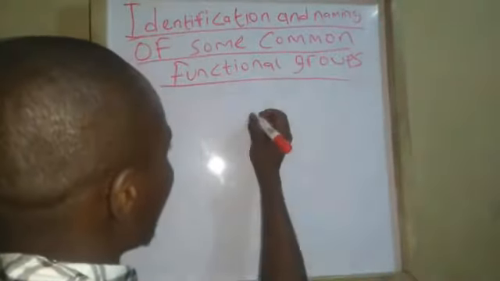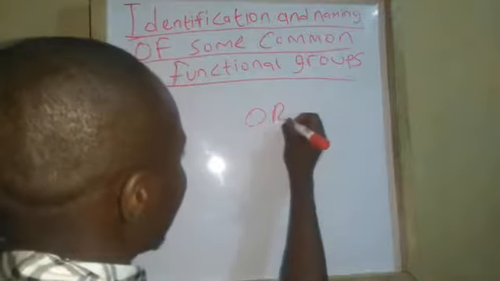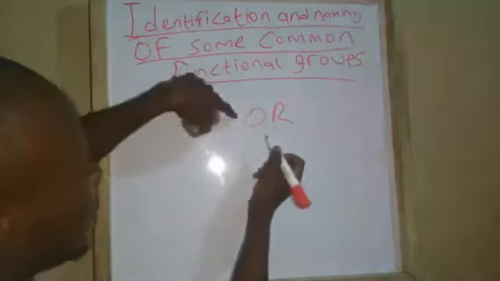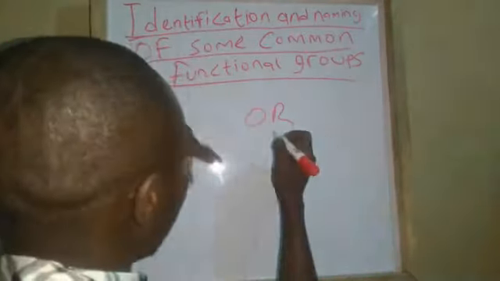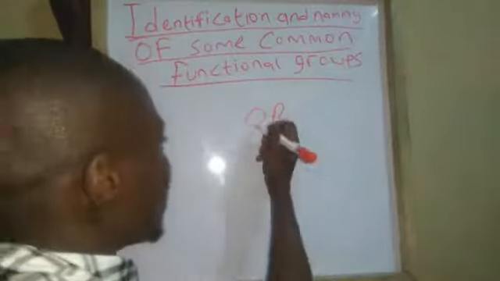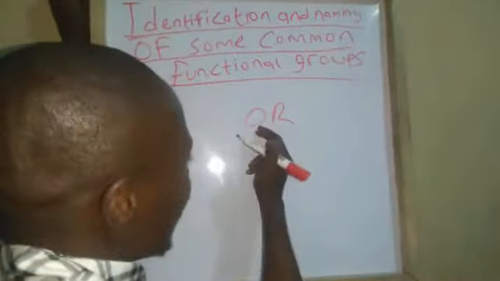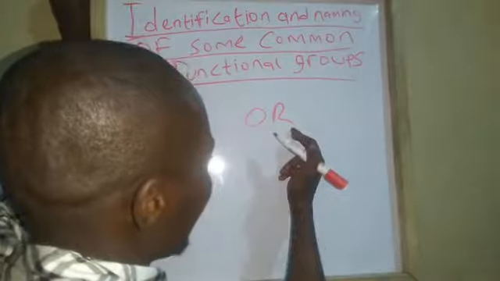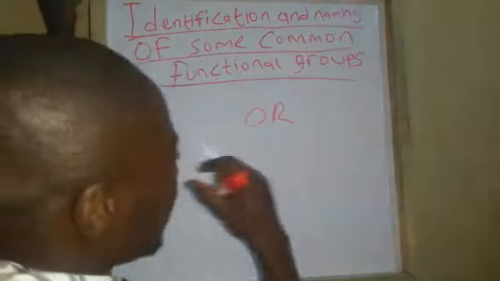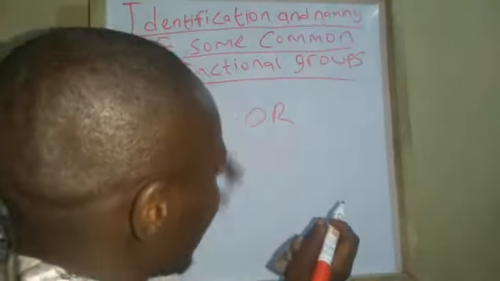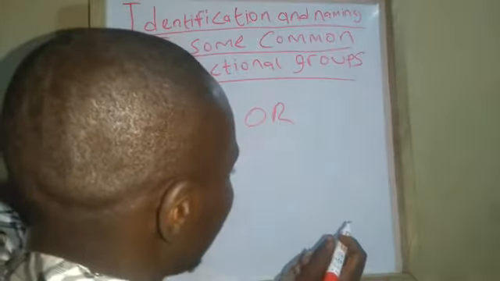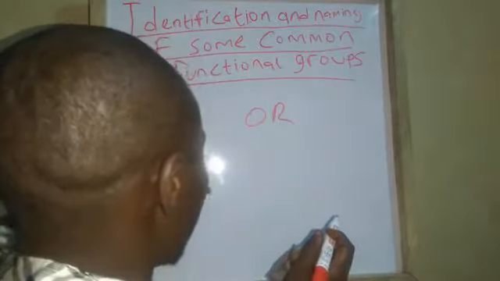This is the ethoxy. Ethoxy is OR, as I told you earlier in the general formula. So you have an O and you have an alkyl also. The compound I'm talking about is ethoxypropane. Am I right?